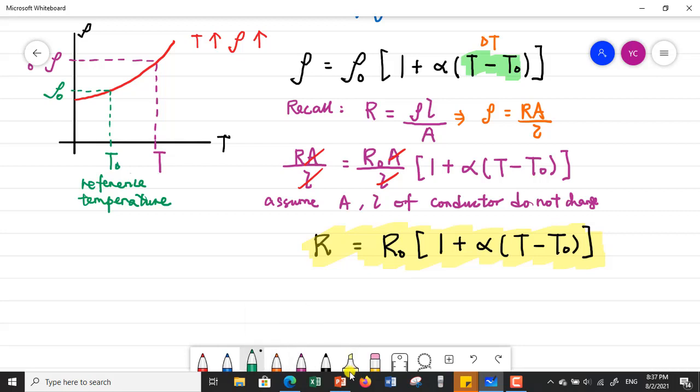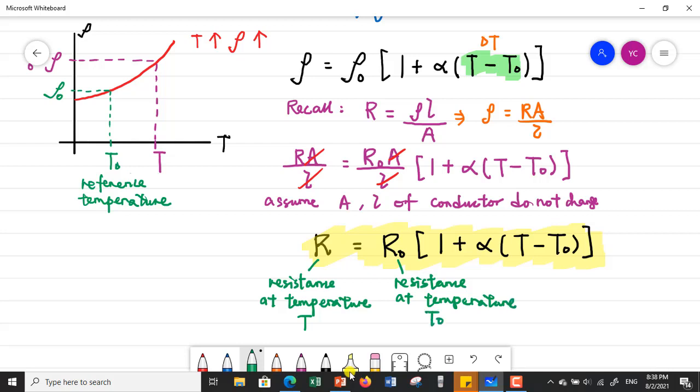So I write it down: this is the resistance at temperature T, and this is the resistance at temperature T naught, the reference temperature.